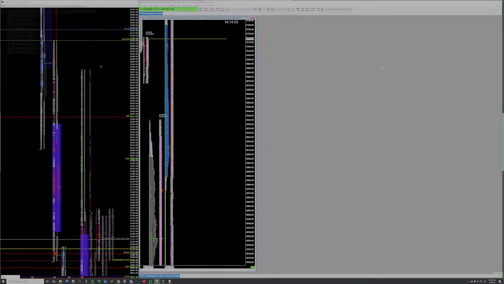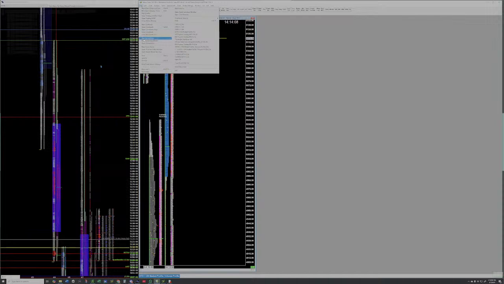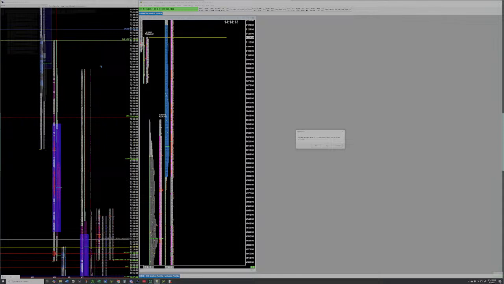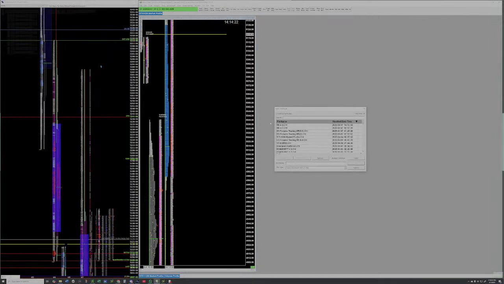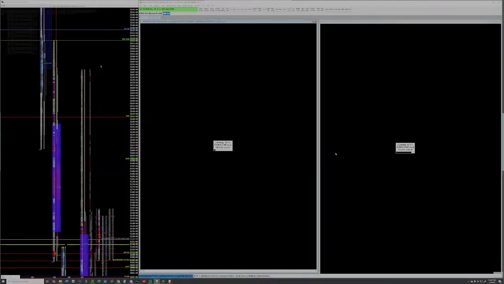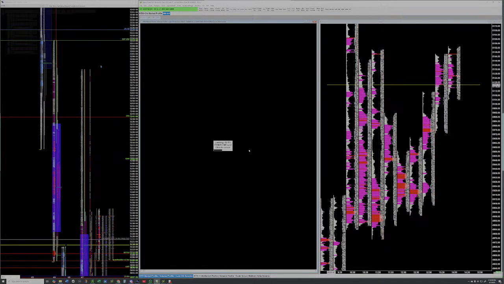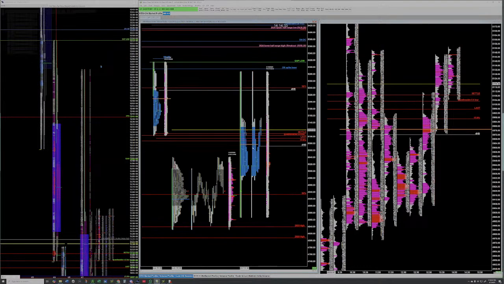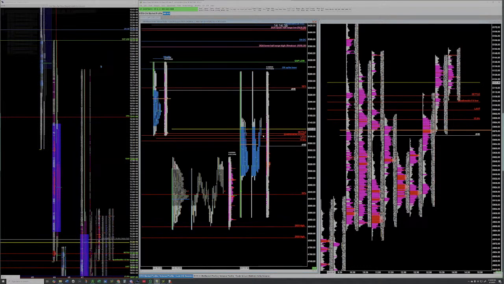Open chart book. As you can see, I am still learning this thing. Let's see if it was saved. Yeah, it was saved. I didn't mean to close it, my bad.